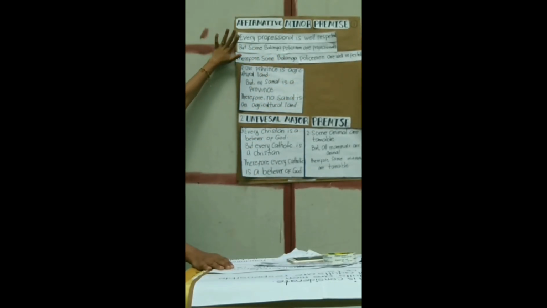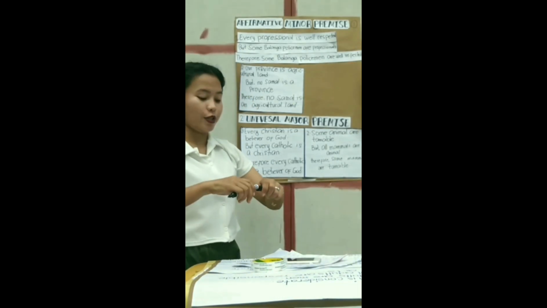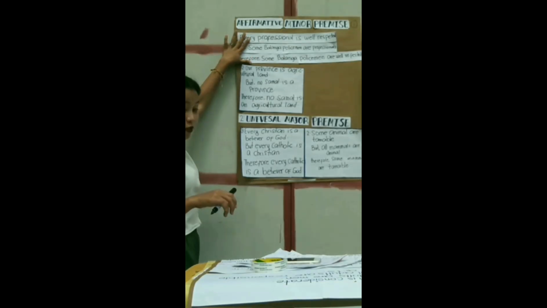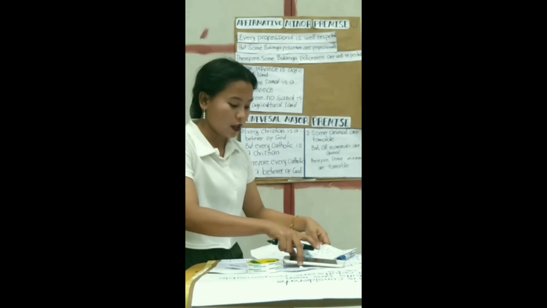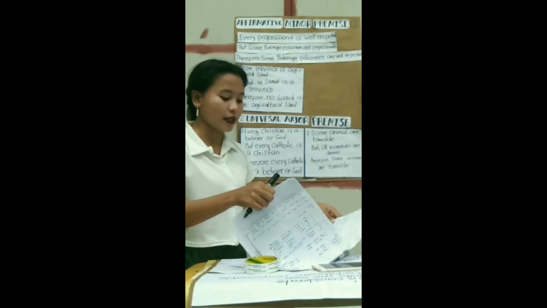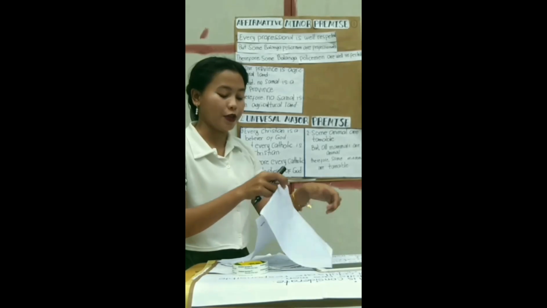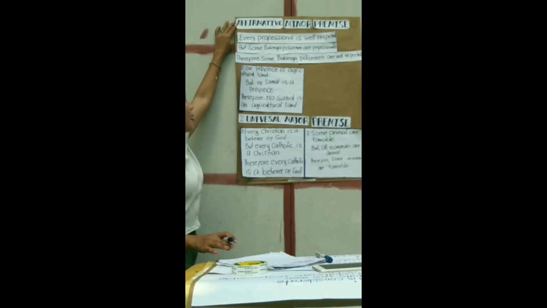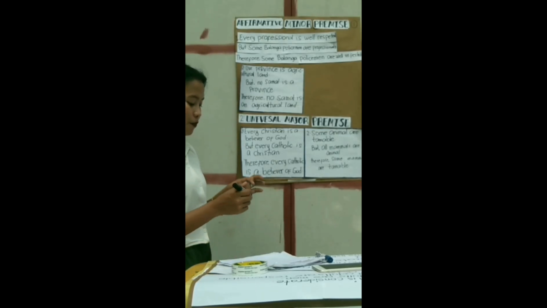So, hanapin natin kung ano yung figure ng syllogism natin or yung categorical syllogism natin. Di ba sinabi dito sa rule natin, kailangan yung subject natin is affirmative.